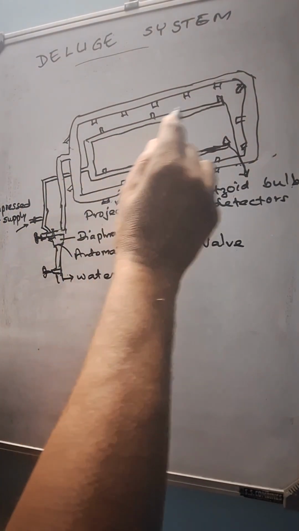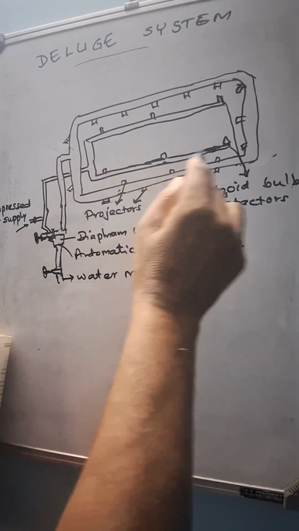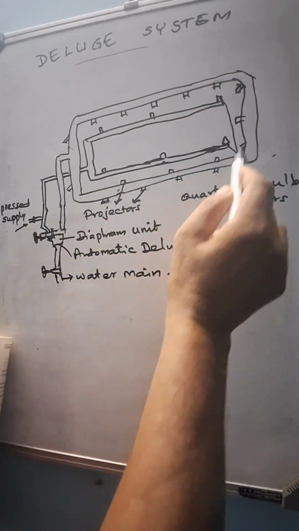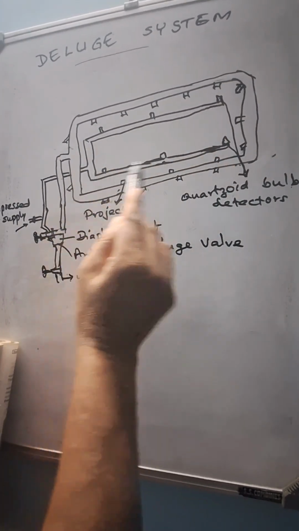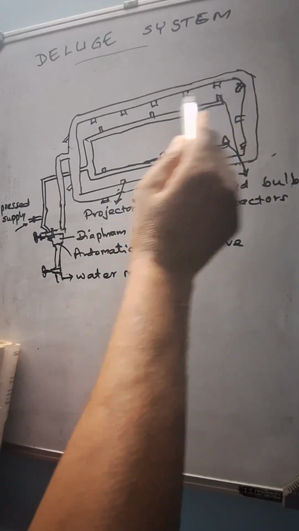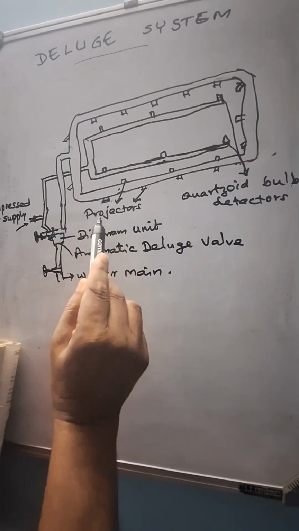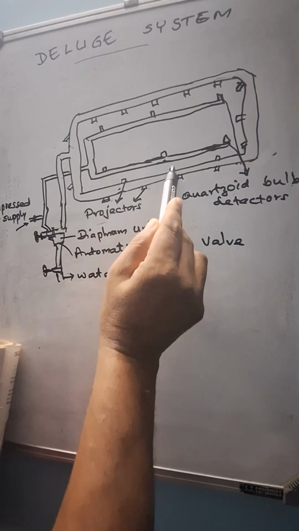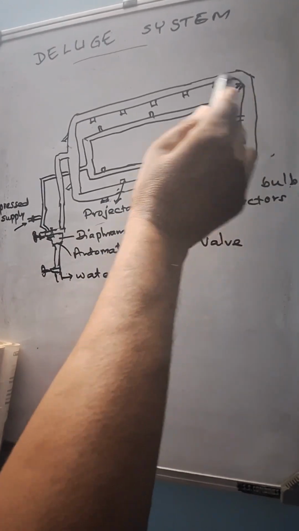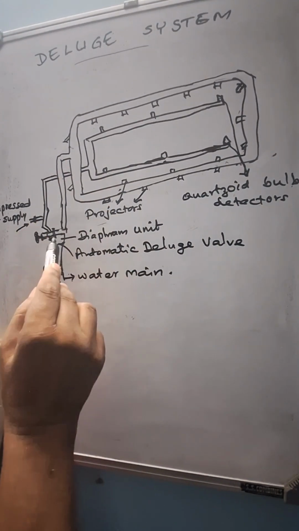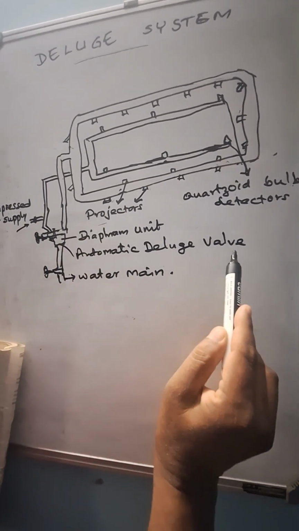There are two sets of network of pipeline. In one pipeline, the quartzoid bulb detectors are fitted, and in the other pipeline, projectors are fitted. All these are projectors, and it is coming to a diaphragm unit and automatic deluge valve.